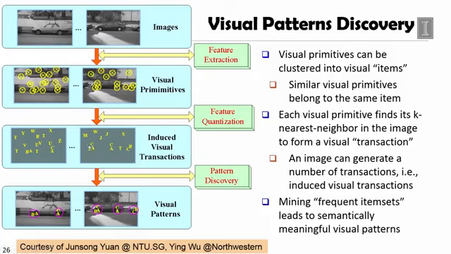If there are many images, based on their transactions you do frequent pattern mining, and you will be able to find some visual patterns. For example, in these pictures you may find BA and CA are quite frequent together in those transactions. So you can say BA, CA, or CBA are frequent visual patterns in those images.